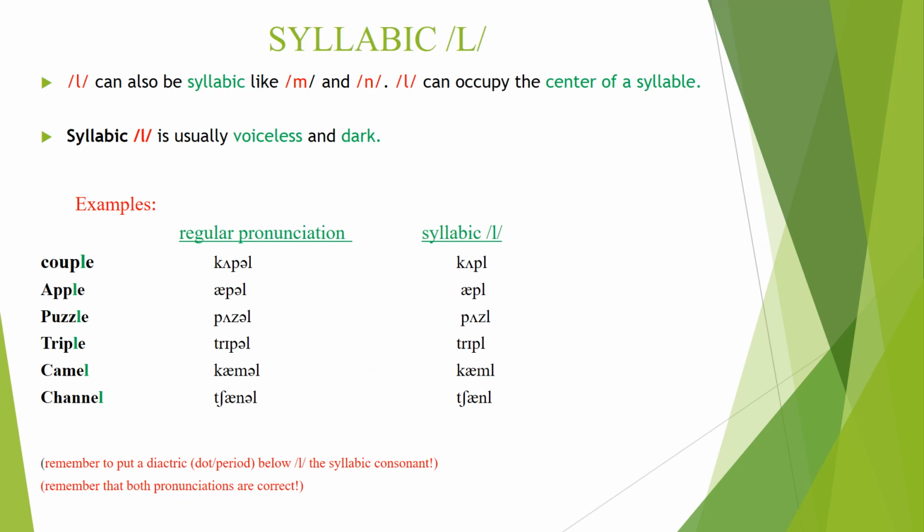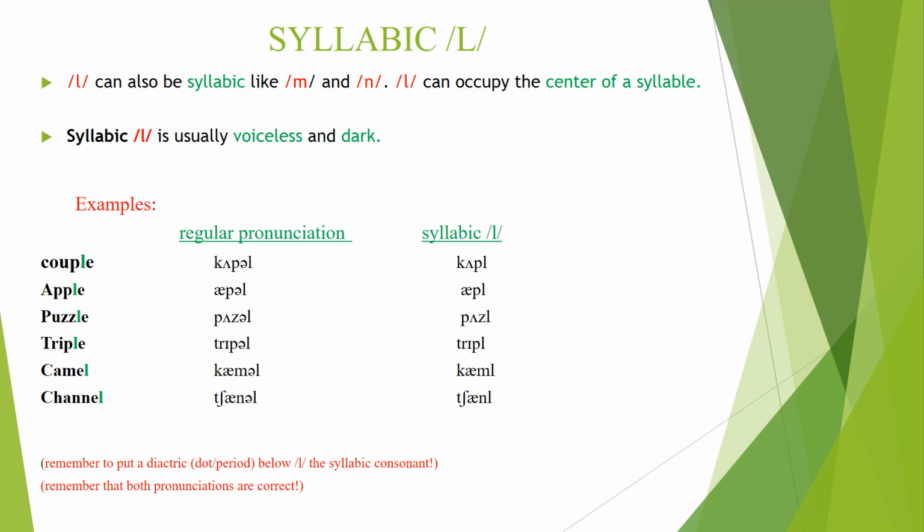Leh can also be syllabic, just like m and n. It occupies the center of a syllable. Remember that syllabic leh is usually voiceless and dark. For example, and remember that both pronunciations here are acceptable, are correct.